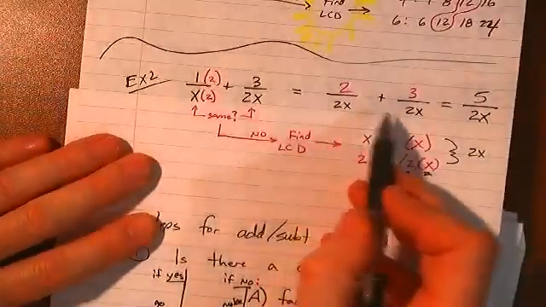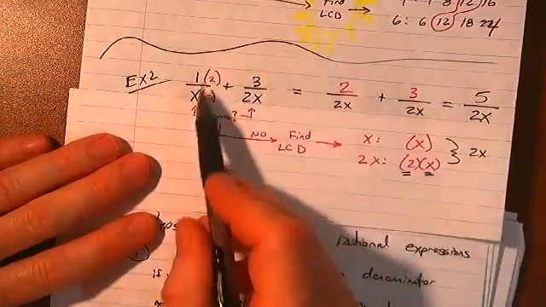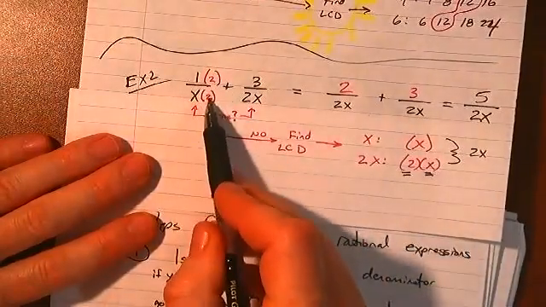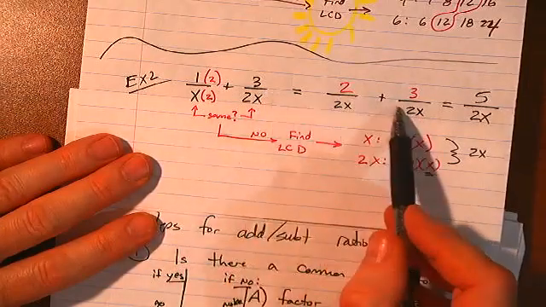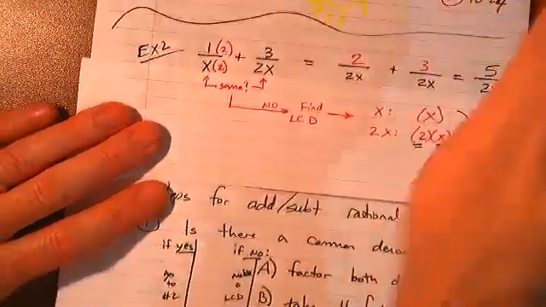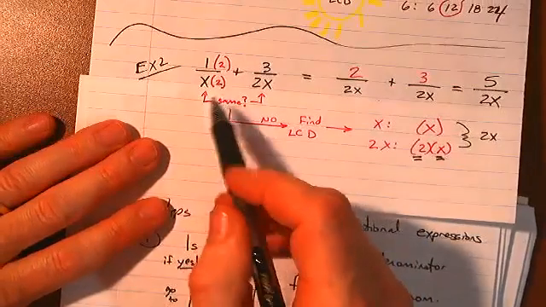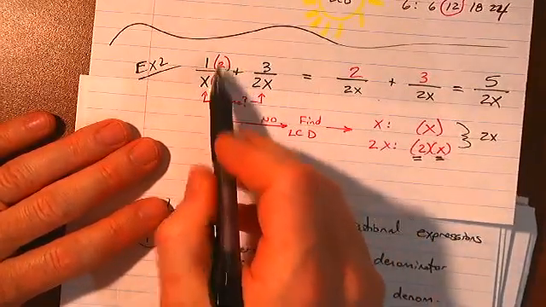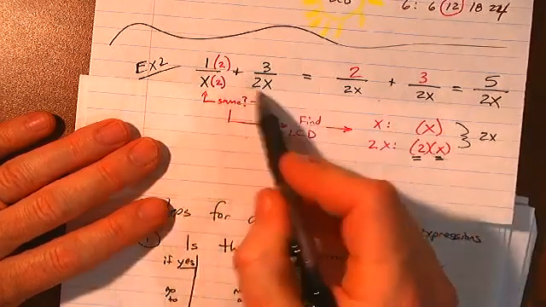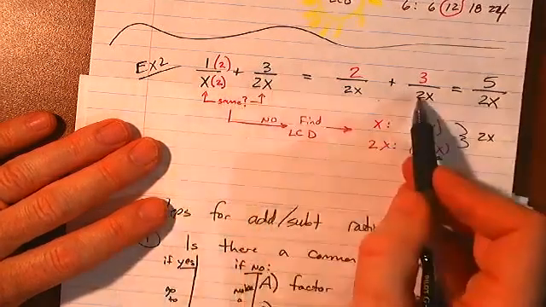All right, so once we got a common denominator, what did we do next? We multiplied the top and the bottom of each fraction as necessary to create those common denominators. Okay, so in other words, we multiplied by the parts that were missing. This had the x, but it was missing the 2. So I multiplied the top and the bottom by 2. This was not missing anything, so I just left it the same.